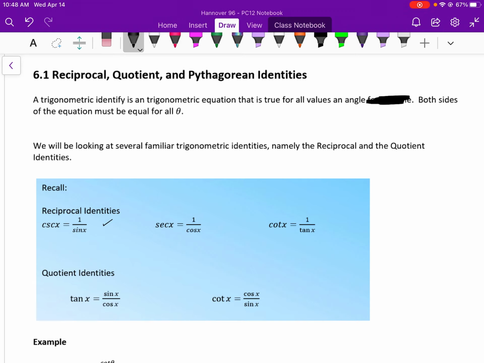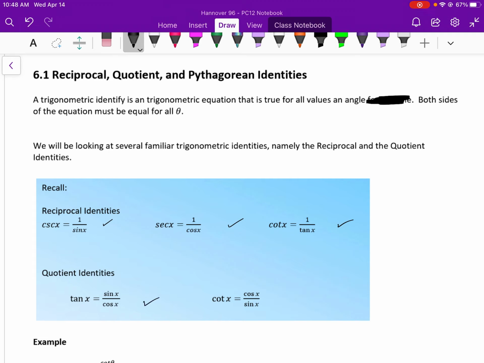Secant x is equal to 1 over cosine x for all x values. By definition, they are the same thing. Cotan x is equal to 1 over tangent x for all angles x.